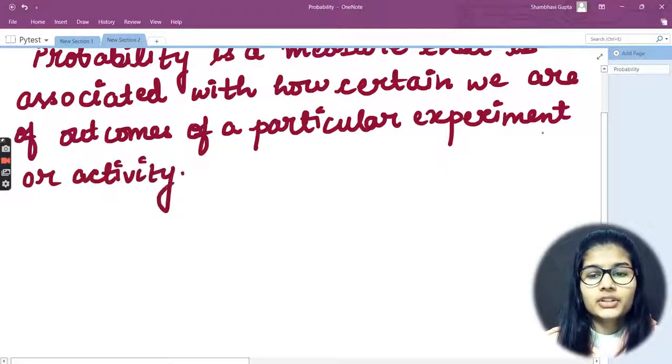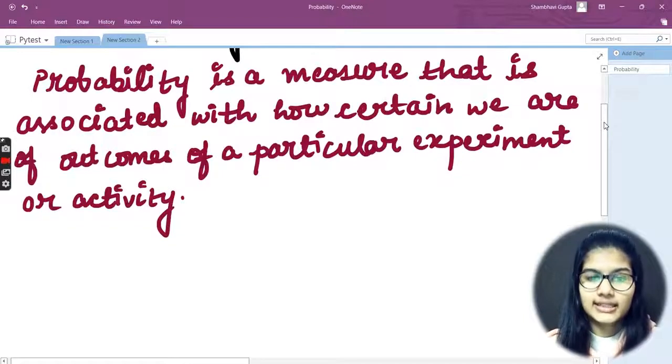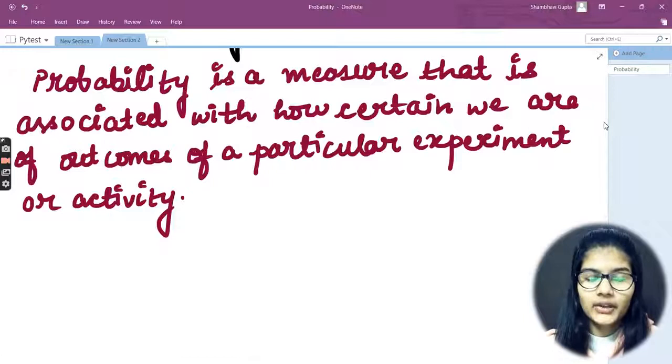Okay. So this is what probability actually means, that it is a measure that is associated with how certain we are of outcomes of a particular experiment or an activity.